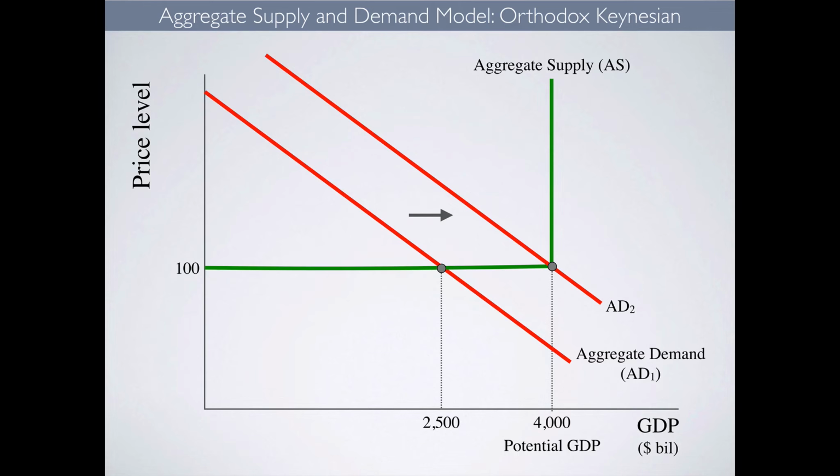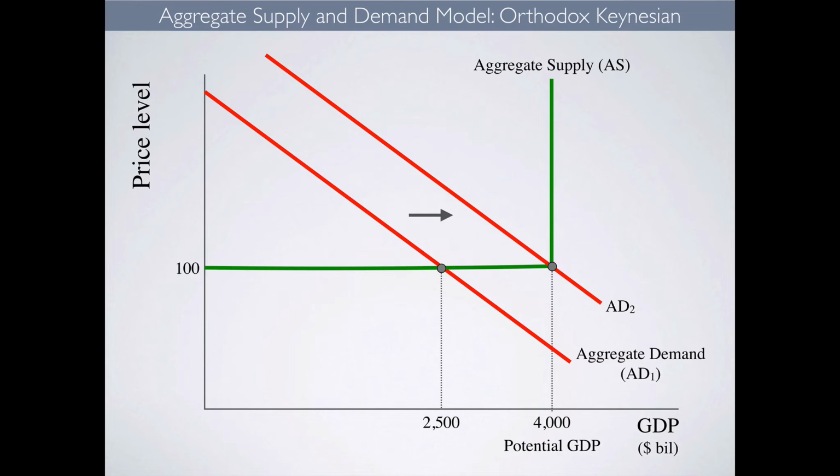What is going to be the effect here? Well, it's going to be a shift in the aggregate demand curve. We go from AD1, this first aggregate demand curve, to the second aggregate demand curve, shifting to the right, from our initial equilibrium point to a new equilibrium point over here.